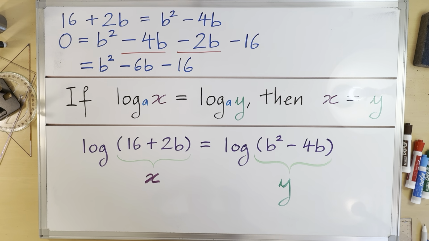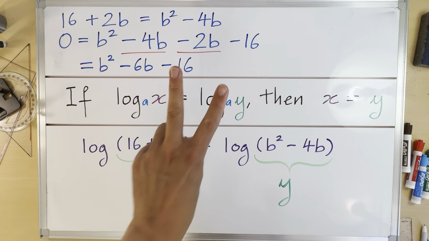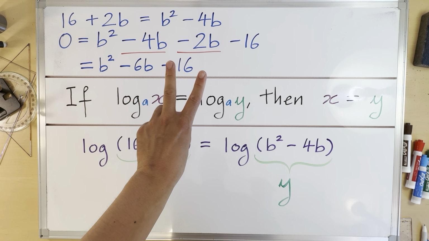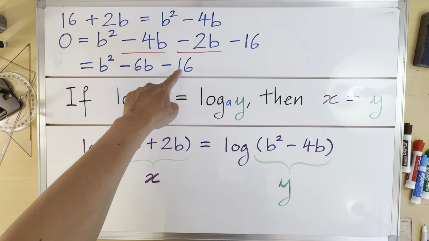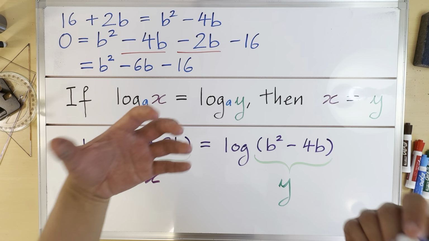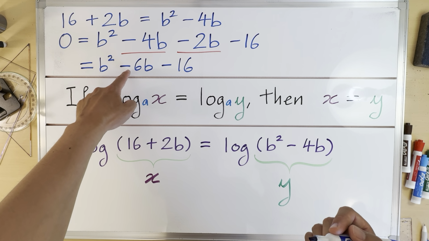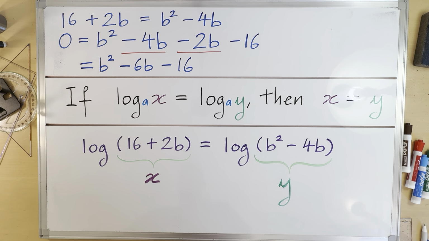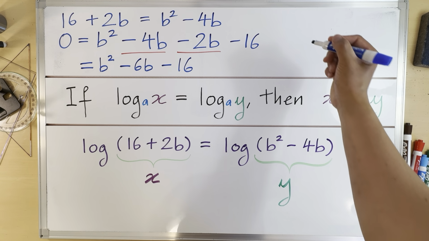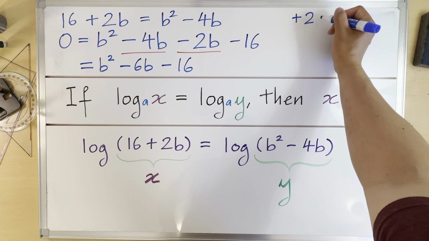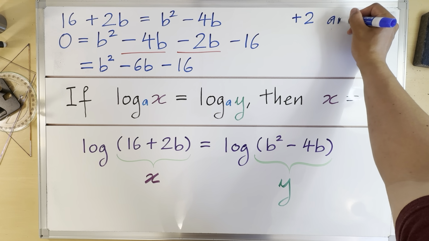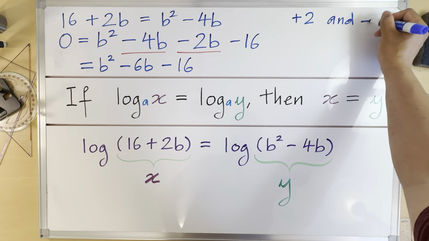Now, what we want to do at this point is look for two numbers whose product is equal to negative 16, while their sum is equal to negative 6. And the two numbers would be positive 2 and negative 8.